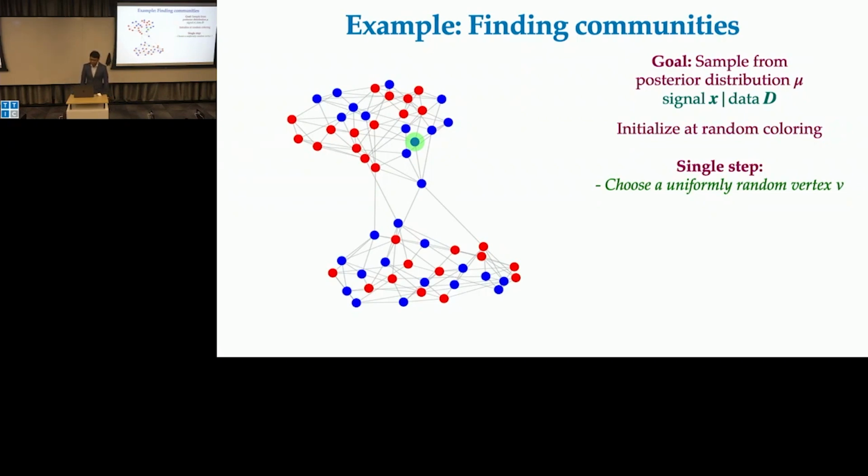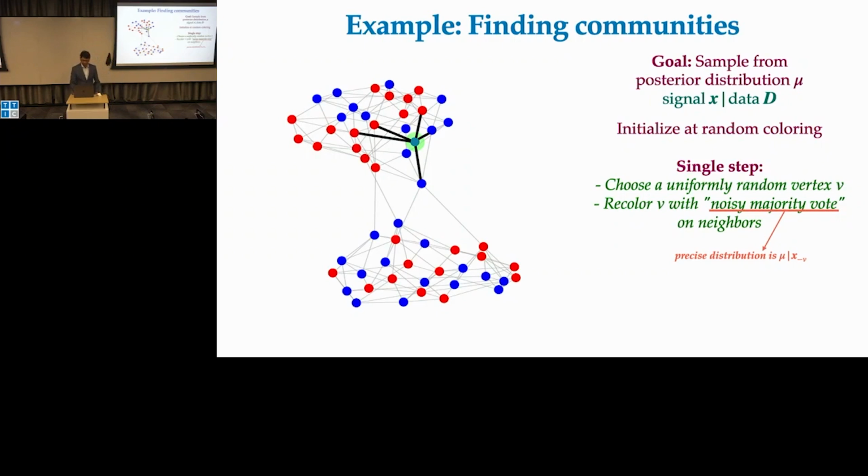In a single step, you choose a uniformly random vertex, such as the blue one that I've highlighted in green over here. You look at its neighbors. You see it has 3 red and 2 blue neighbors. And you recolor this vertex via some sort of noisy majority vote on its neighbors.